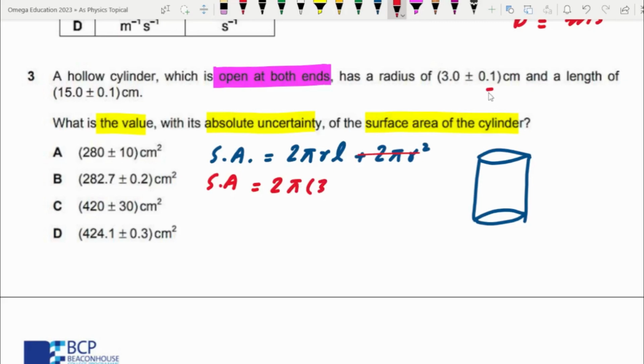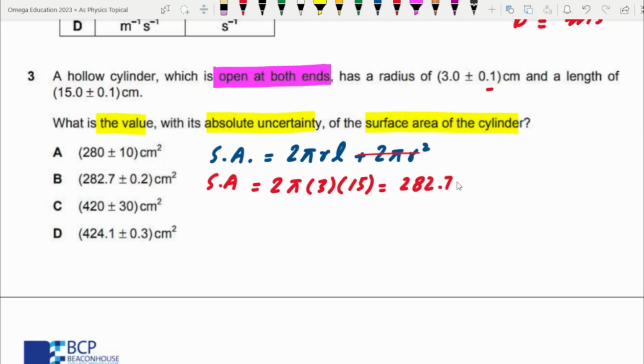We'll use it for the second part for calculation of uncertainty. The value of radius is 3, the value of L, the length, is 15. Then you hit it on the calculator and you get 282.7 centimeter square.